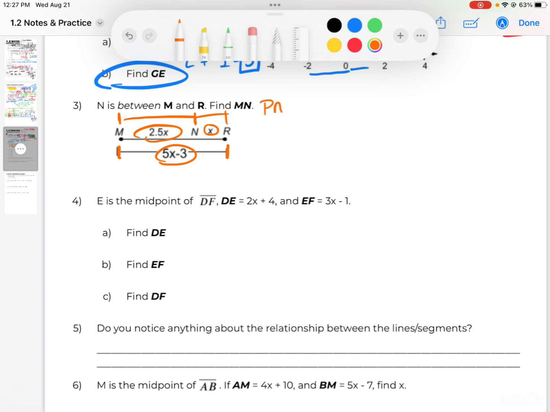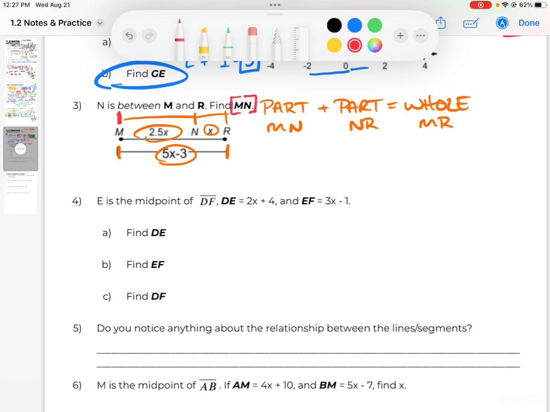And so if you remember from our notes, a part of a segment plus a part of a segment will give me a whole thing. And so in this case, the parts are MN and NR, and the whole thing is MR. What it's asking me to find specifically is MN.